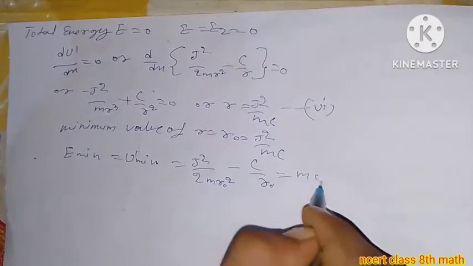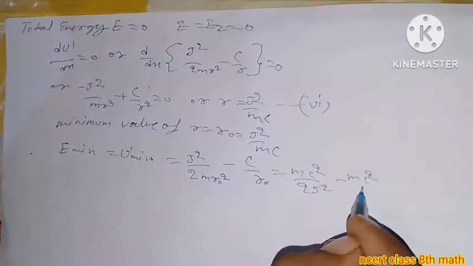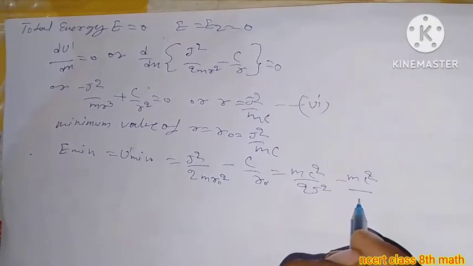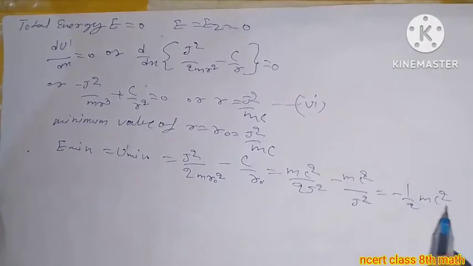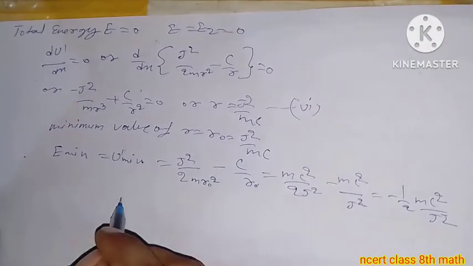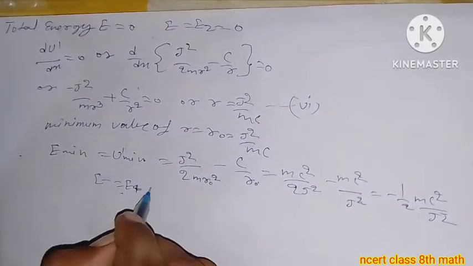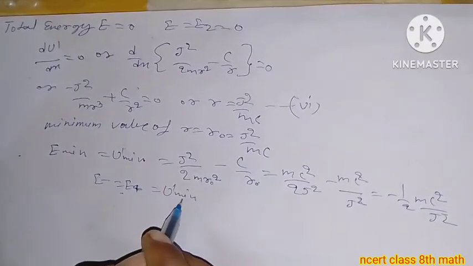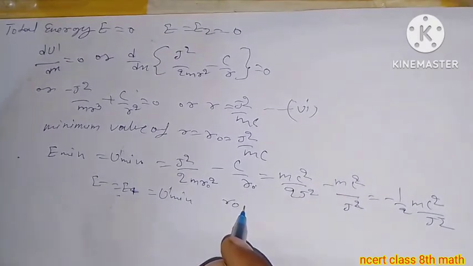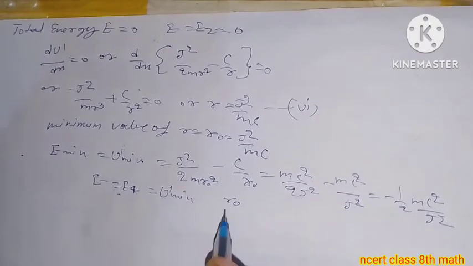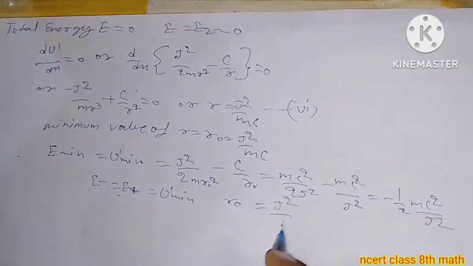The value is mC square upon 2J square minus mC square upon J square, equal to minus 1 upon 2 mC square upon J square. Hence, when E equals E4 equals U dash minimum, the motion is possible only at one radius r0. The orbit is a circle of radius r0 equal to J square upon mC.